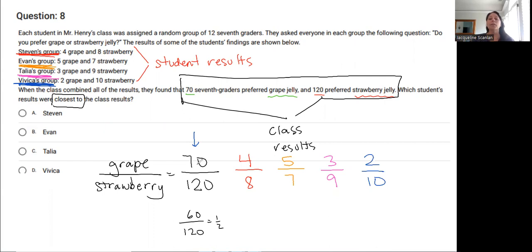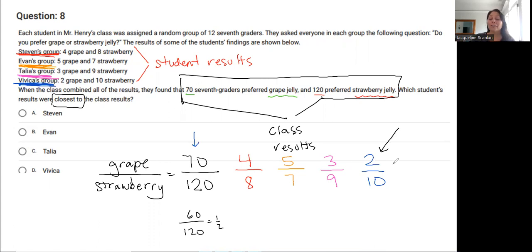And 70 out of 120 is a little bit bigger than half. That's just something to maybe float around in my head because I'm looking for something that's close to half. And that might help me. Like, for those of you who are strong in math, I know 2/10 is nowhere near close to half. 5/10 is close to half. So I know there's no way that Vivica's results were closest to the class results. So I wouldn't even have to do any math with this last fraction.